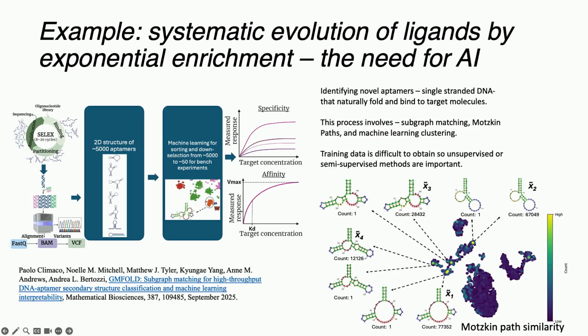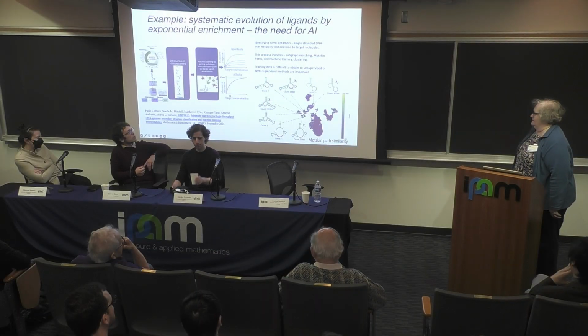That's still way too many to pick one. So then one has to come up with a way to identify maybe a couple of candidates to test in the lab. The way this is currently done is by looking at the total count of each sequence at the end of the SELEX process and looking at the high count molecules.